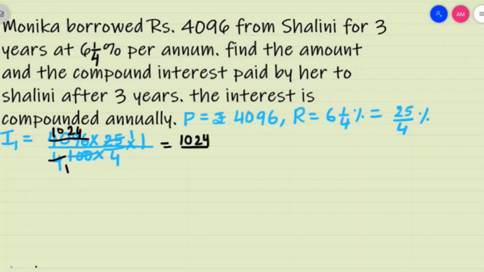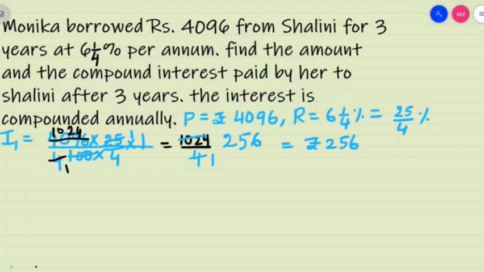Again you can see that 24 is divisible by 4, so the whole number is divisible by 4. So see, 4 ones are 4, 4 twos are 8, 4 fives are 20, then 24, and 4 sixes are 24. So you are getting rupees 256 as interest in the first year.